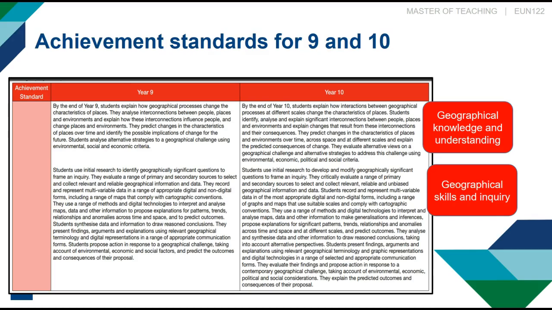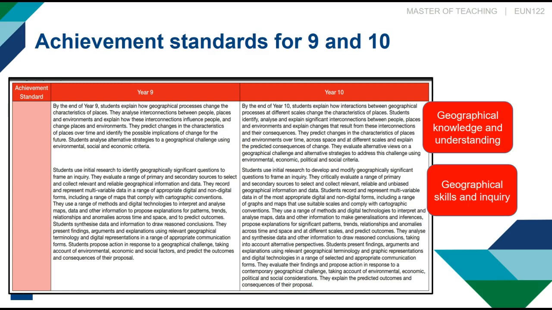And here are the achievement standards for years 9 and 10. I will also put on the Blackboard site the sequence of achievement so that you can see the achievement standards for years 7 and 8 as well. But basically, how the achievement standard is laid out is there are 2 paragraphs.